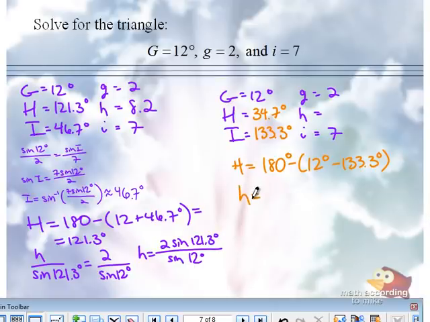So h is going to turn out to be 2 sine of 34.7 degrees over the sine of 12 degrees. Before, H was the largest angle, so it should be the largest side. Here H is the middle child, so it should be the middle side. So it has to be an answer between 2 and 7. 6 point something. 5.5?